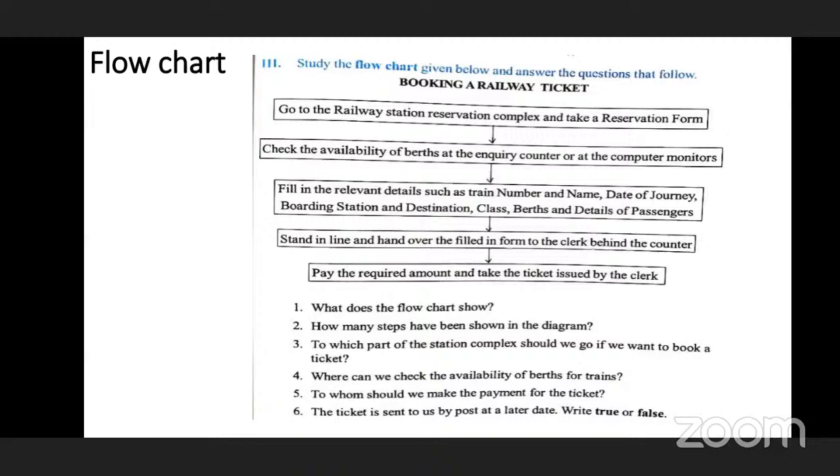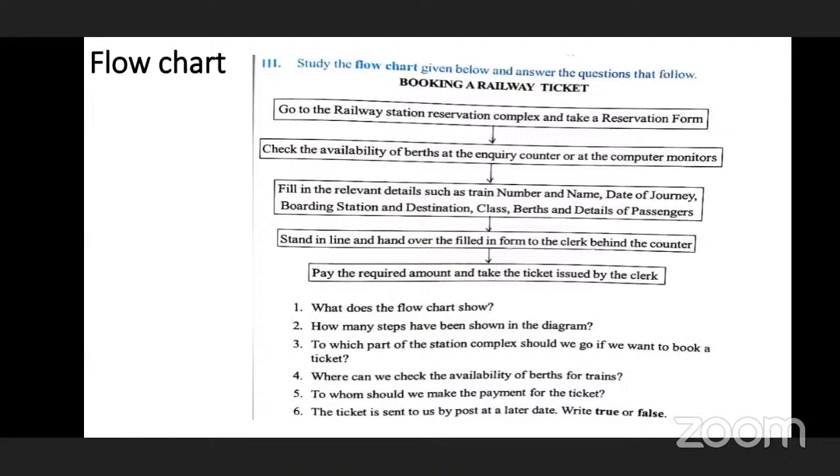Fill in the relevant details such as train number and name, date of journey, boarding station and destination, class, berths, and details of passengers. So this information need to be filled. And the next step, stand in the line and hand over the filled in form to the clerk behind the counter. To the clerk behind the counter, the form should be handed over.